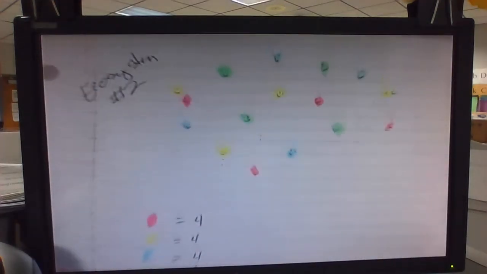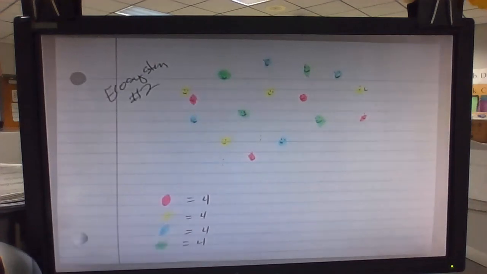All right. Ecosystem number 2. So now we have another ecosystem. Same thing, different colored specks are representing different species. We need to know how many individuals are in each species.